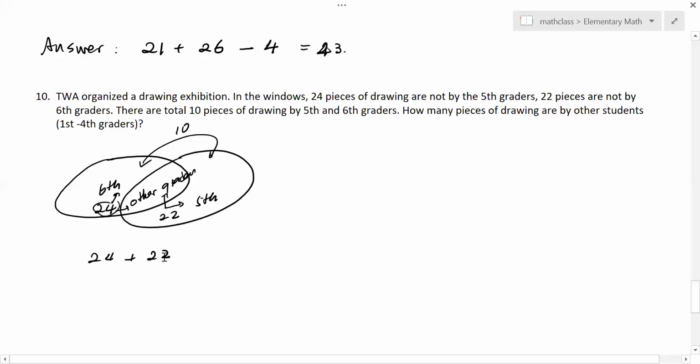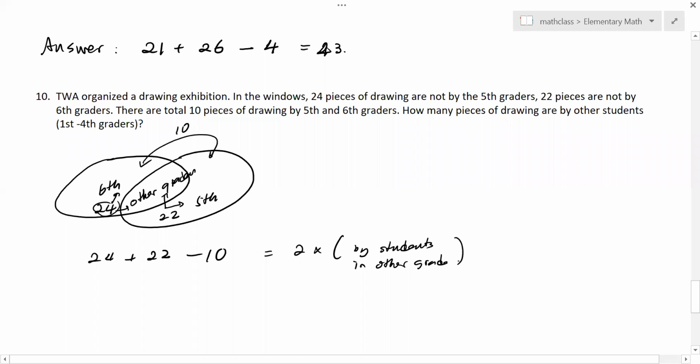Now, if we subtract 10, what do you get? This represents the number joined by others, doubled. This is going to be twice the number of pieces joined by students in the other grades. So just divide by 2, right?